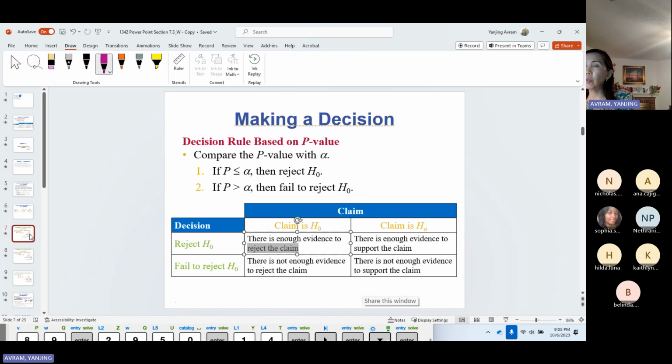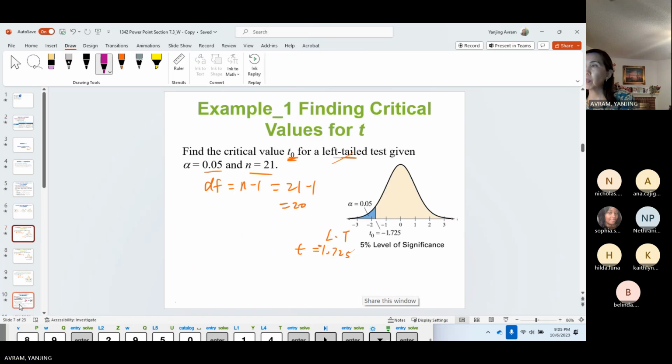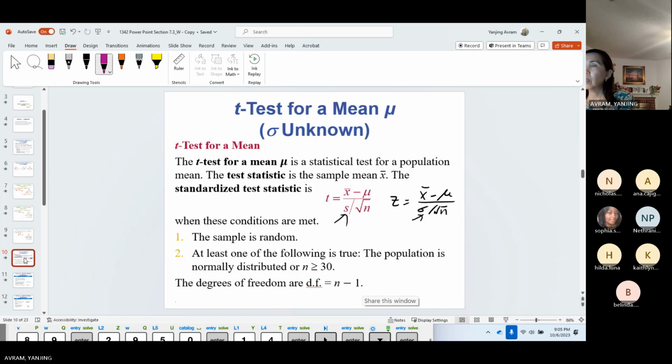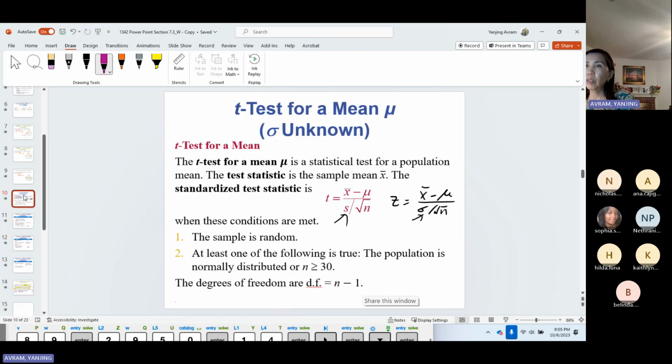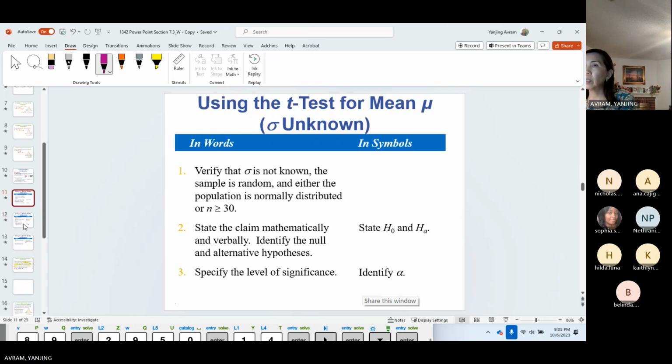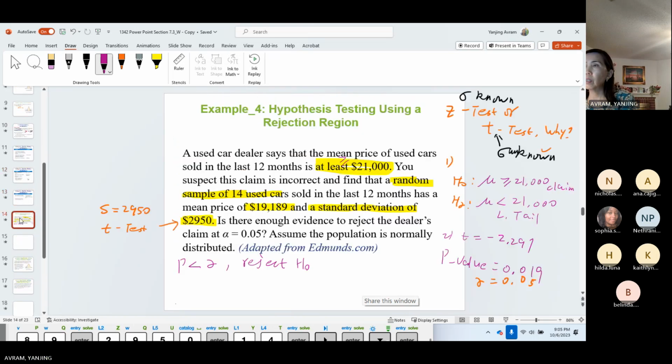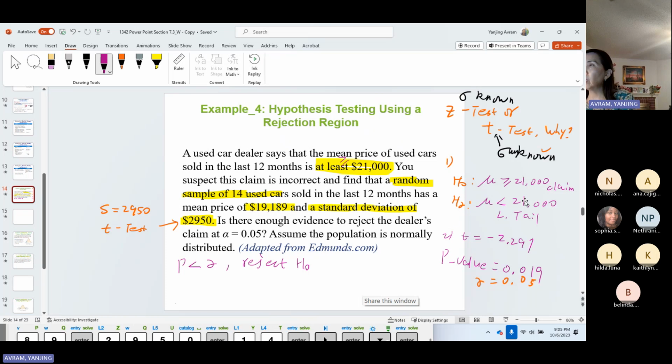Going back to the question: is there enough evidence to reject the dealer's claim at alpha equal to 0.05? The answer is yes. We do have enough evidence to reject this claim.